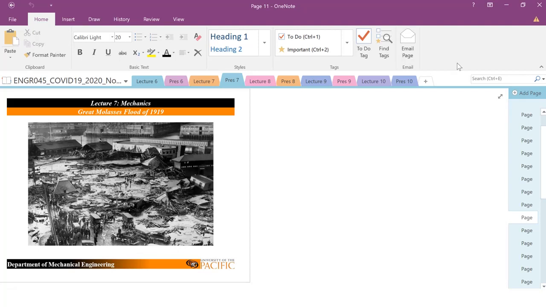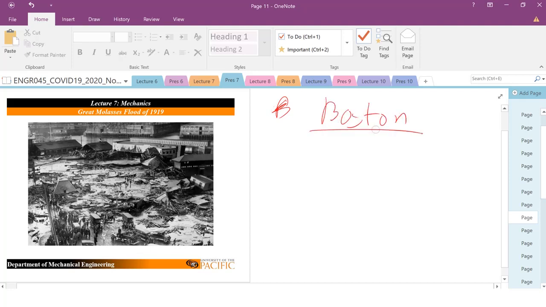Unfortunately, we don't get to talk about this in class, but in Boston, there was the great molasses flood of 1919. They had this molasses factory. It occurred in Boston, and I was there for 10 years at MIT for undergrad and grad.